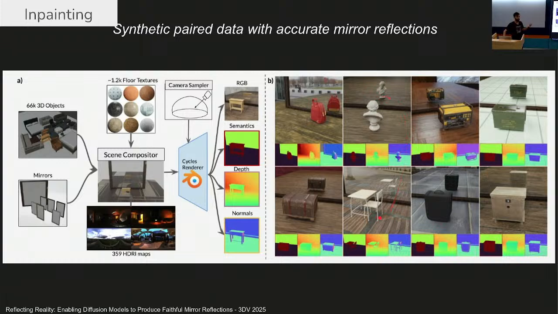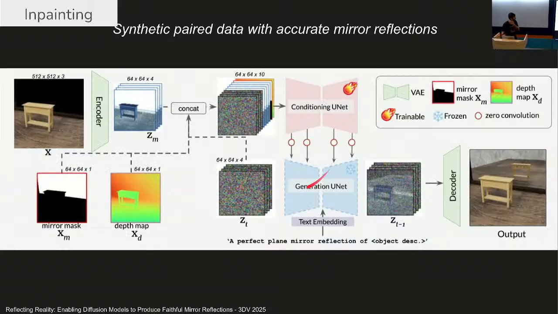With this data, we trained an inpainting model. You have a generation branch, the standard generation process: you start from noise and denoise multiple times to generate something, conditioned on the text as well. Now we have another conditioning branch that takes your background image along with the mask information.